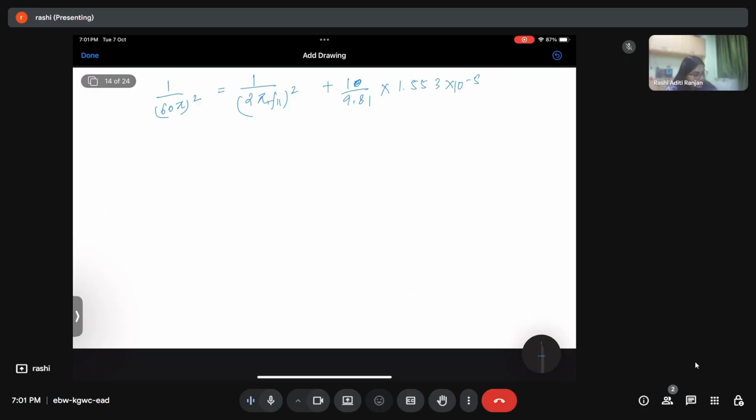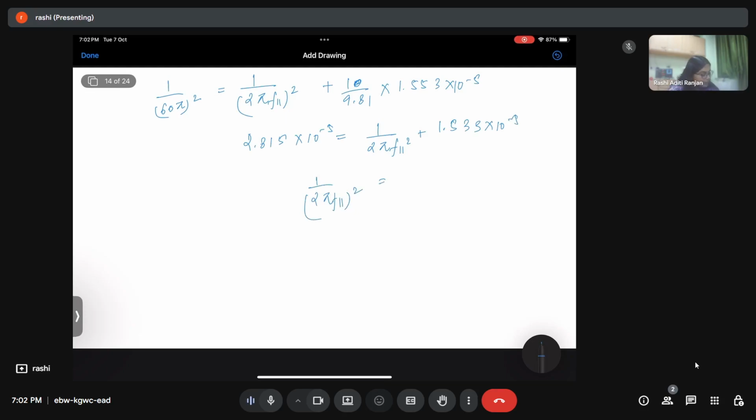This gives 2.815 into 10 to the power minus 5 is equal to 1 by 2 pi f11 square plus 1.553 into 10 to the power minus 5. So this gives 1 by 2 pi f11 square.